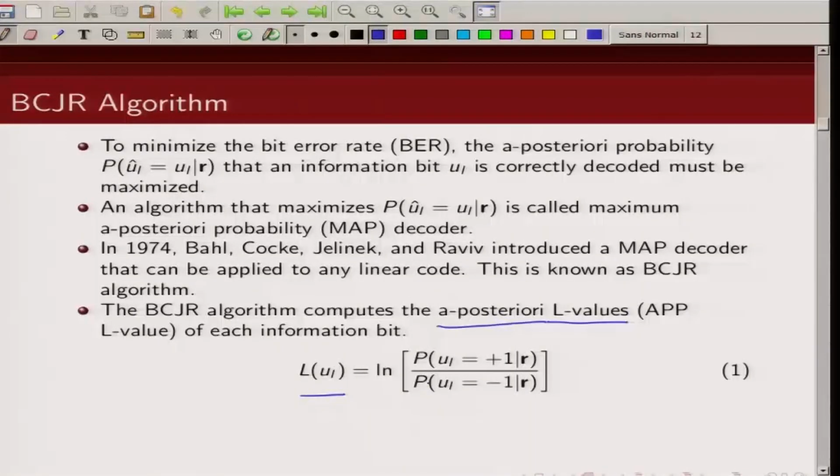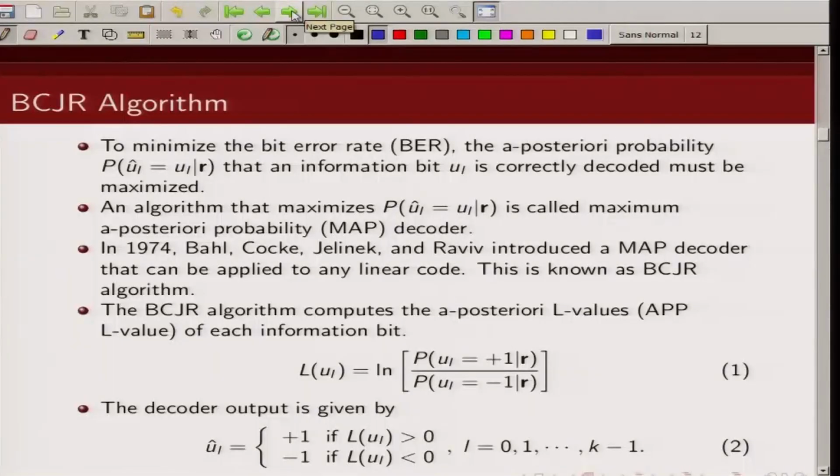If this L value is greater than 0, then you decide in favor of U_l being plus 1, otherwise you decide in favor of U_l being minus 1. So, your decoder output will be plus 1 if the L value is greater than 0, otherwise minus 1.